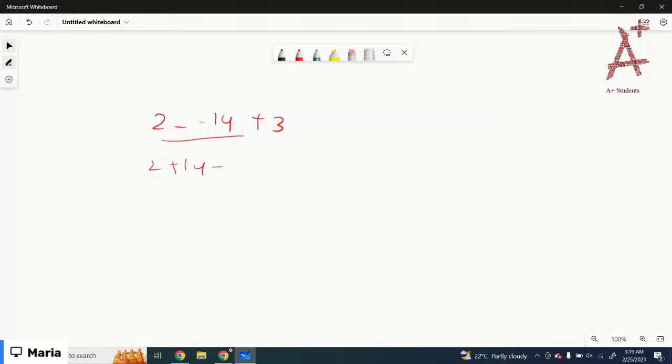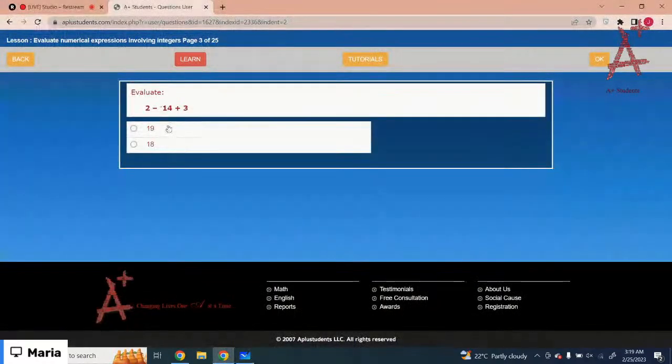That means you have to add them. 14 plus 2 makes 16, and 16 plus 3 makes 19. Got it? So the correct option is 19. So select the correct option and click on the OK button.